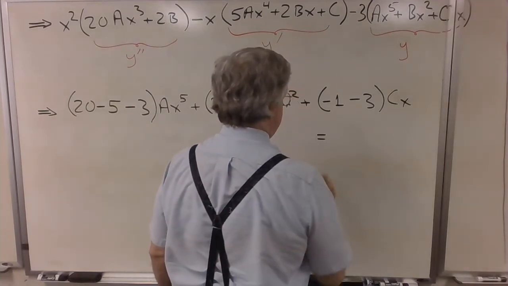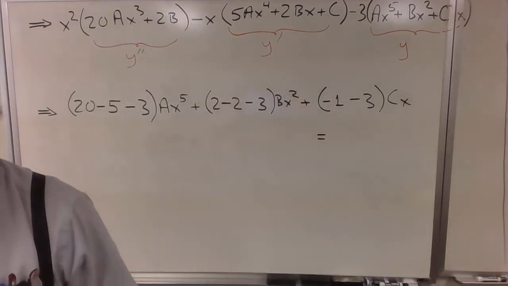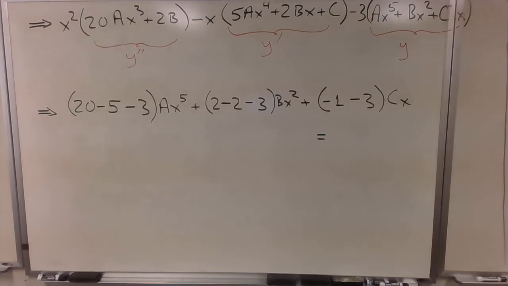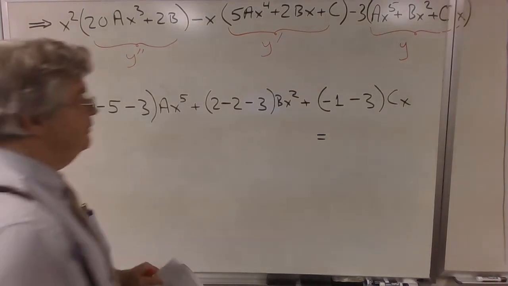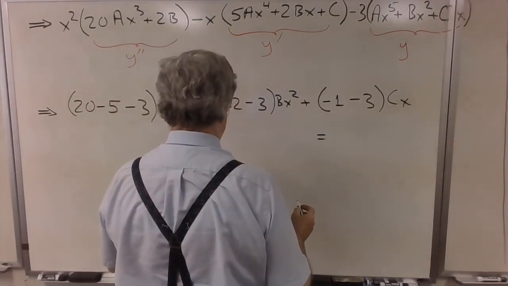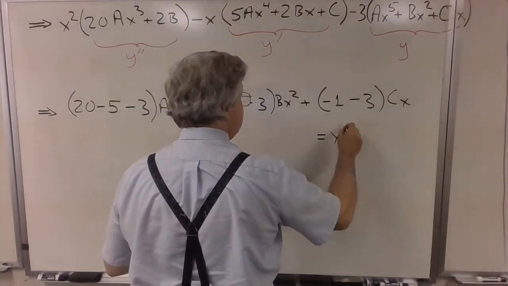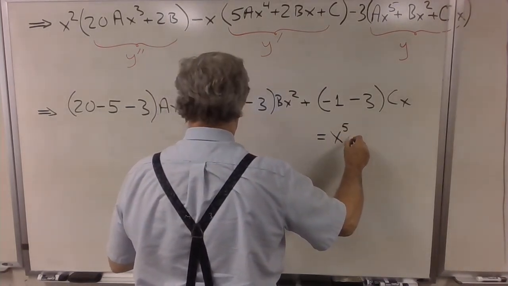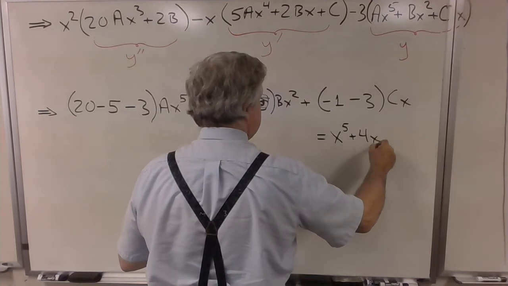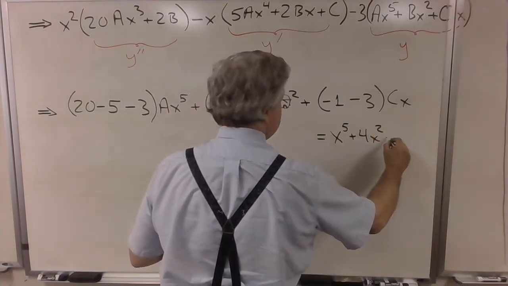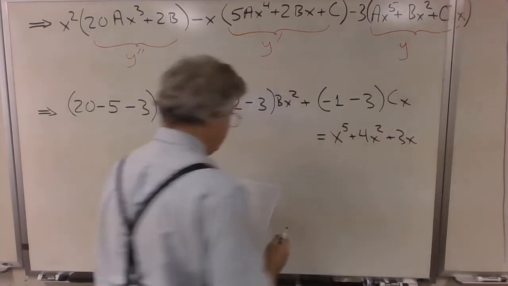And all of that equals whatever our original right-hand side was. X to the 5th plus 4x squared plus 3x. Okay.